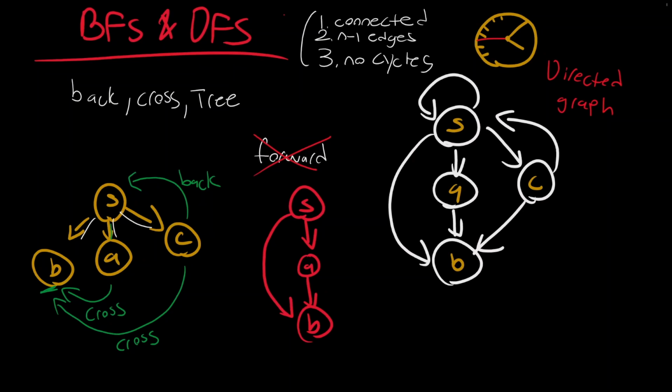But the way BFS goes through level by level, there's no way it can have this jumpy nature to it for us to dig deeper into children before exploring the most outermost path we could be taking. So for that reason, we cannot have forward edges in a BFS traversal on a directed graph.